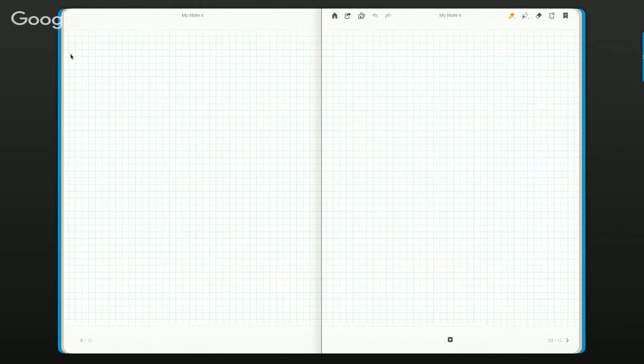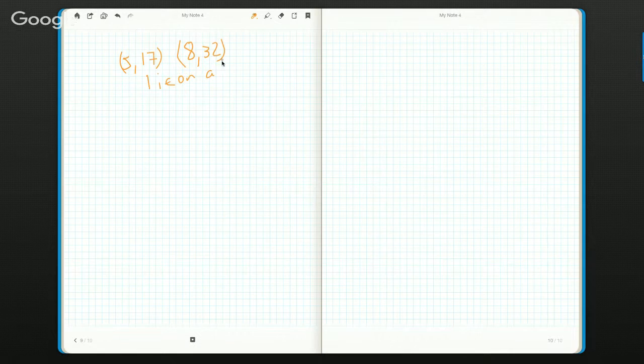Okay, so the way the question goes is I have these 2 points, (5, 17) and (8, 32), and these lie on a line. Let's write this better.